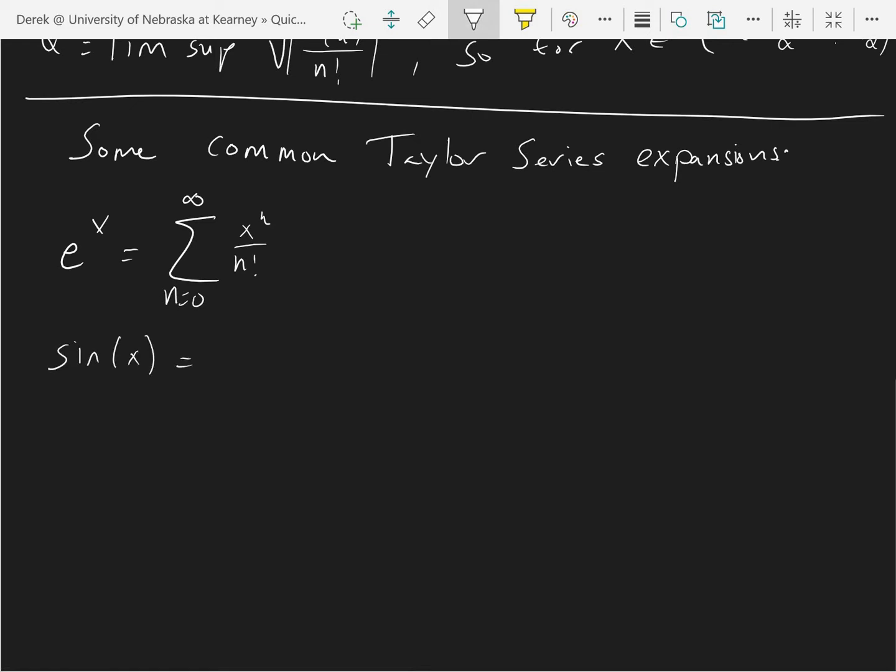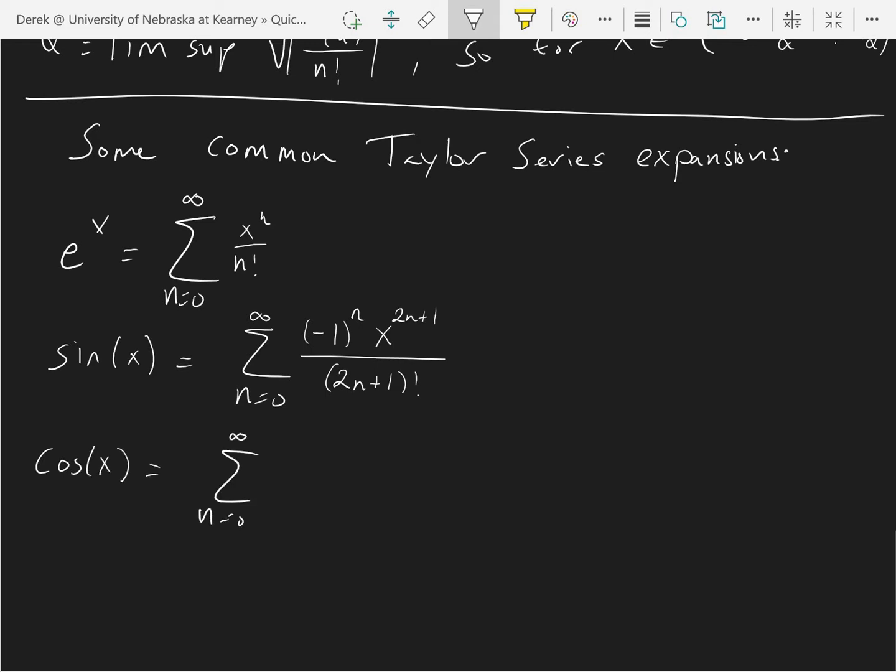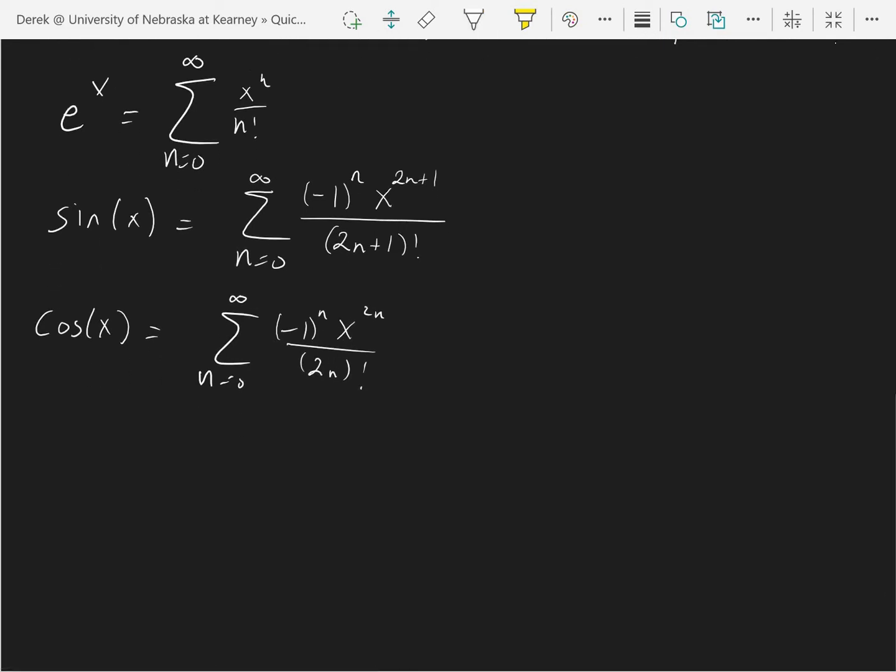Sine of x is equal to the sum from n equals 0 to infinity of negative 1 to the n x to the 2n plus 1 over 2n plus 1 factorial. Cosine of x is the sum from n equals 0 to infinity of negative 1 to the n, x to the 2n over 2n factorial.